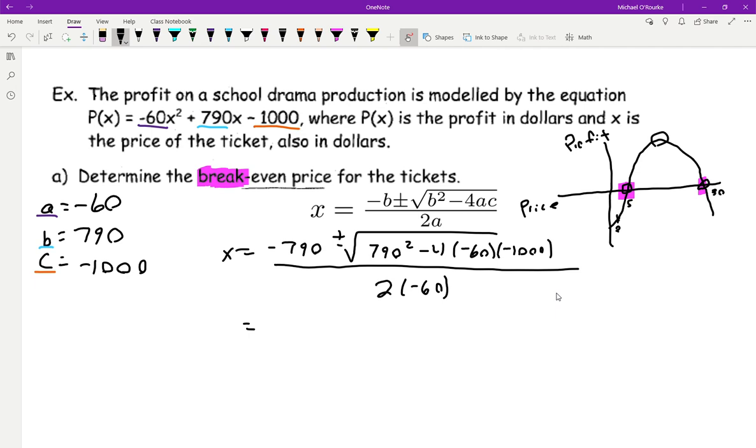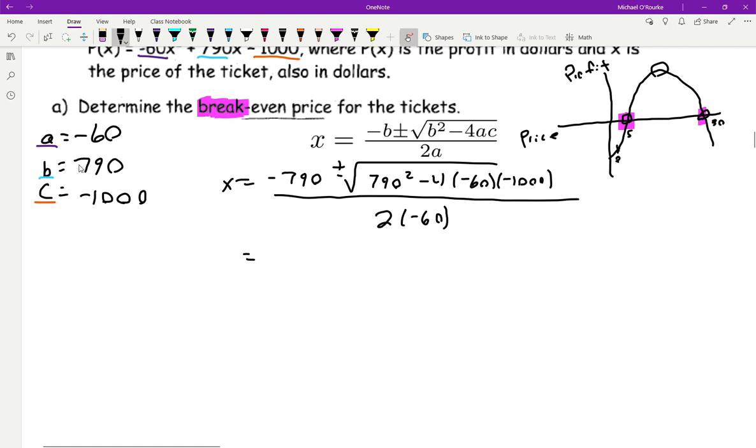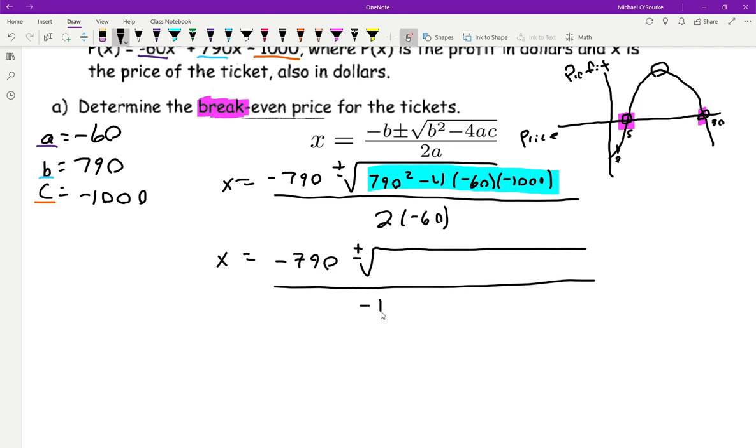Good, good, good. Okay, now I want you to use your calculator to figure out this number in here for me. Okay? Well, don't tell me right away, Lawrence. I guess let me see here. 790 squared.